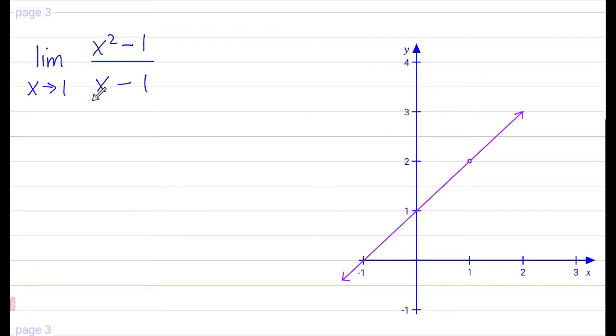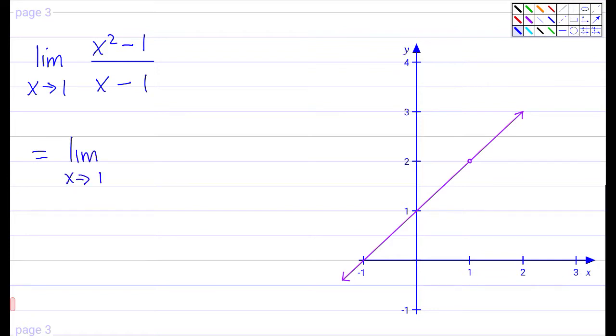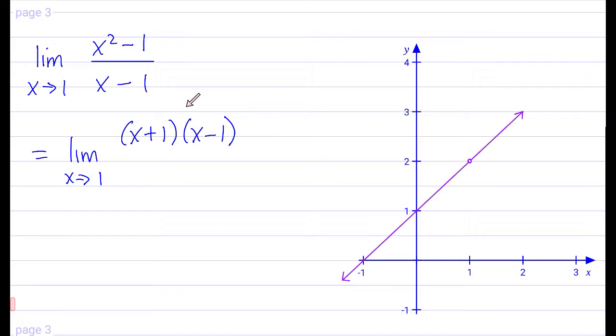Now, if x is not equal to 1, I can do something with this. I can say, okay, this is the limit as x approaches 1. Let's factor the top. And this is a classic technique to doing many of these problems, factoring. So this is the difference of two squares. This factors into this. I still have x minus 1 on the bottom.